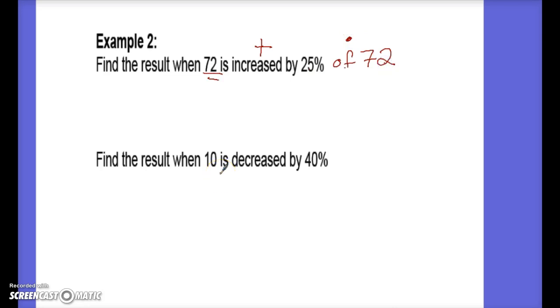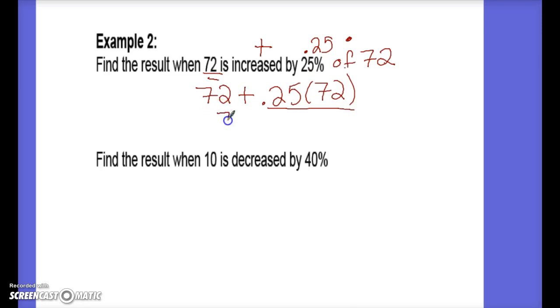We had talked about percents already. So I want to know 72 increased by, plus, 25%. You have to write it as a decimal. 0.25 times your 72. So what happens when 72 is increased by 25%? Well, first find your 25% of 72, and you get 18. So 72 plus 18, 72 plus 18 gives you 90.